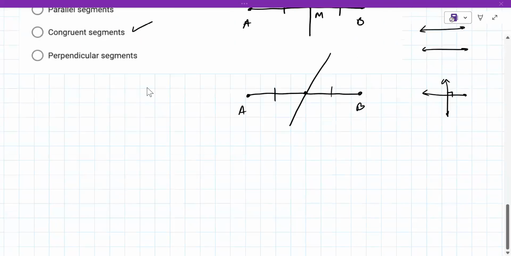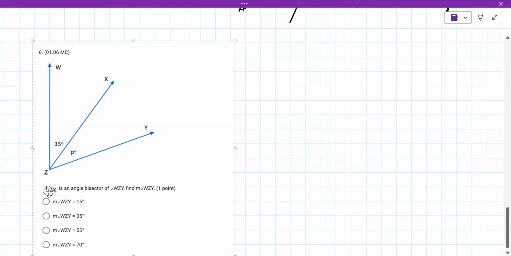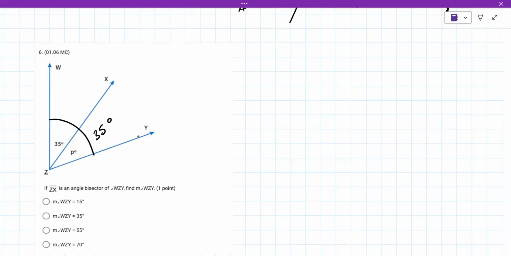So this is talking a lot about bisectors. It says if ZX, this one in the middle here, is a bisector of angle WZY, that means it cuts the whole angle in half. An angle bisector means that both angles are congruent. So P equals 35, but is it asking about the whole angle or the angle measure of P?